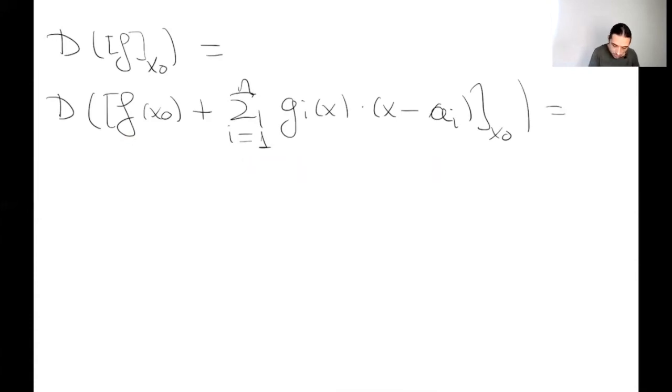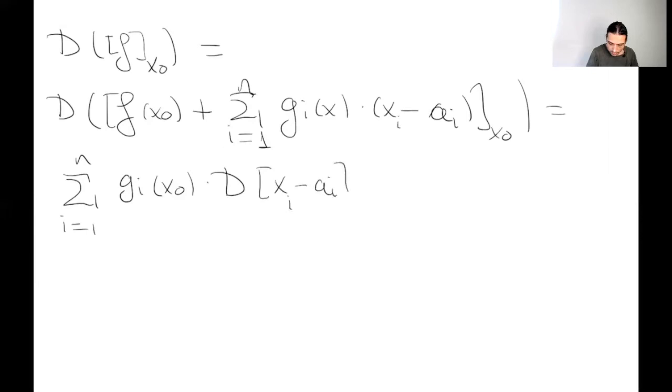So it's going to be the sum from i equal 1 to n of gi of x0 times the derivation applied to the germ of the function xi minus ai, plus the sum of the derivation applied to gi times the value of this function at x0, which is always equal to 0 because the i-coordinate of x0 is ai. So here we have 0.